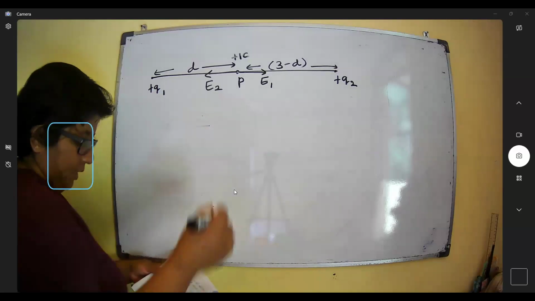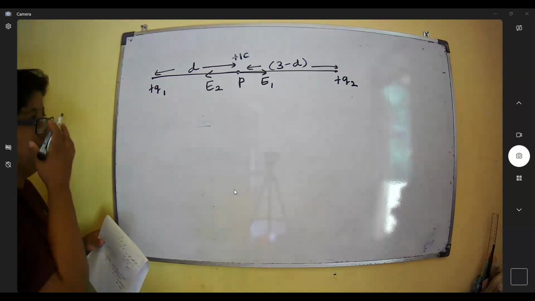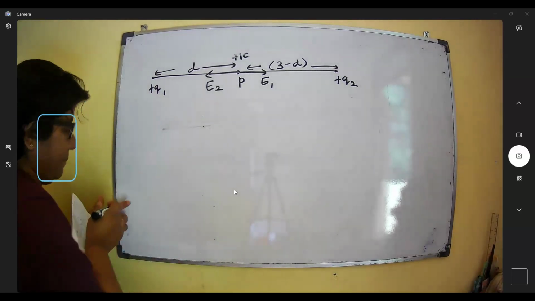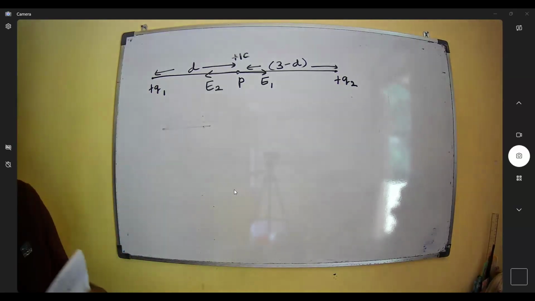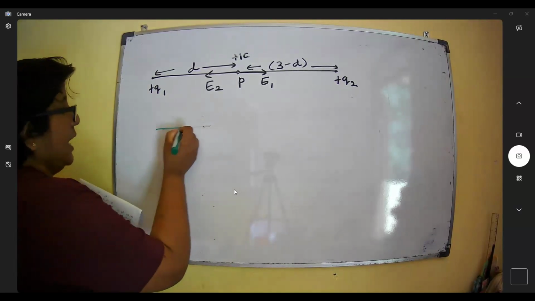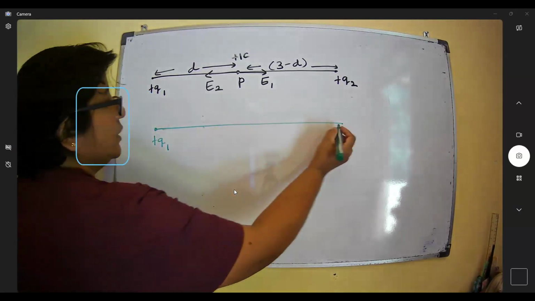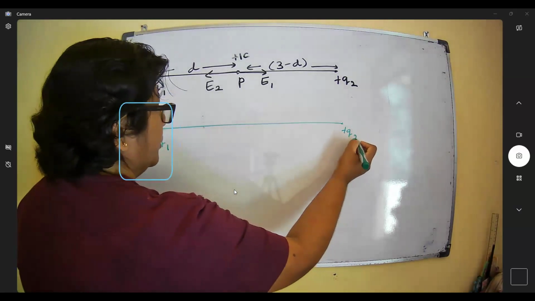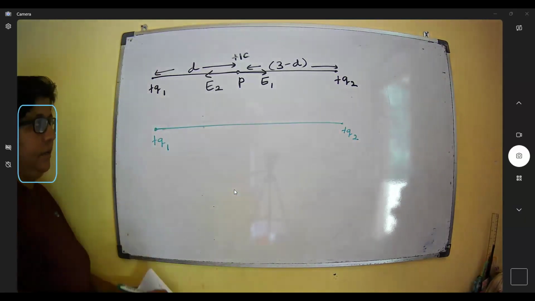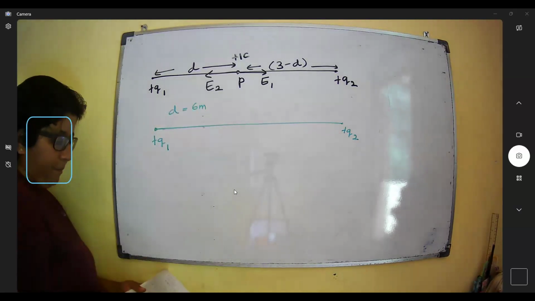If Q1 and Q2, if the 6 meter means, in this line plus Q1 and plus Q2, what happens if D is equal 6 meter?